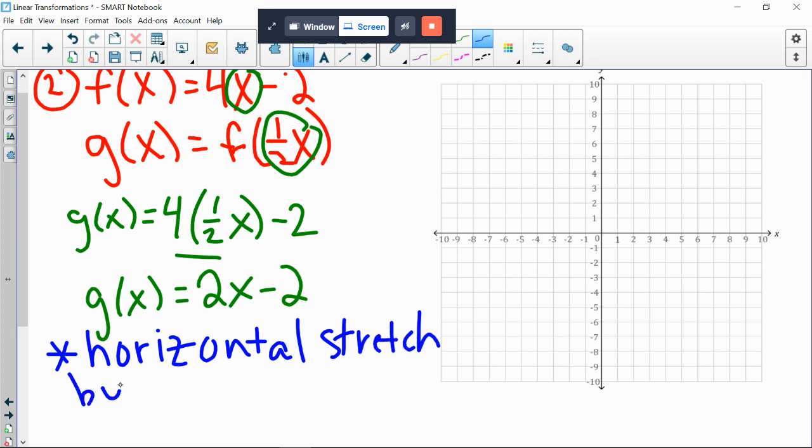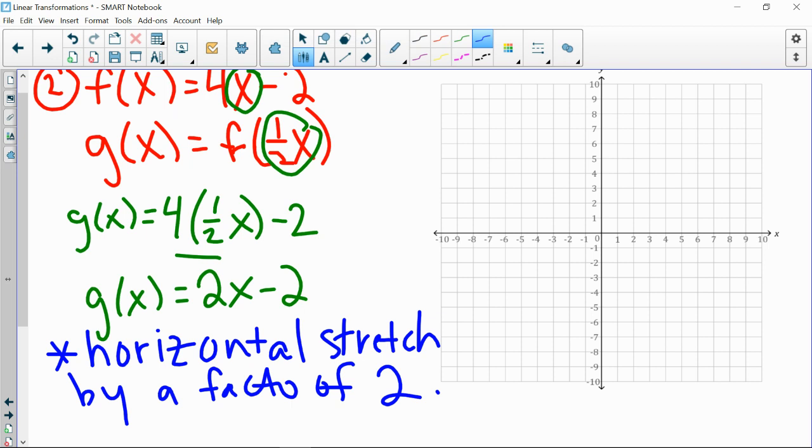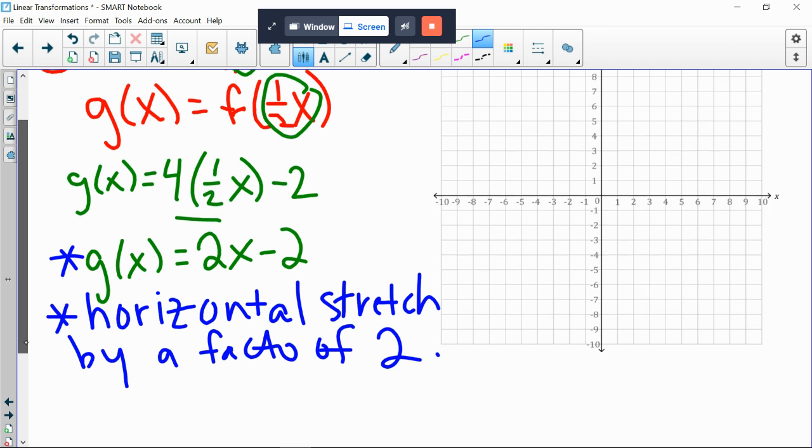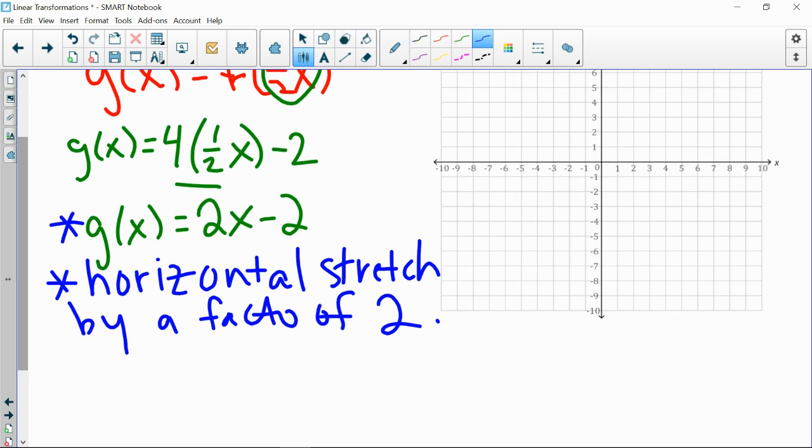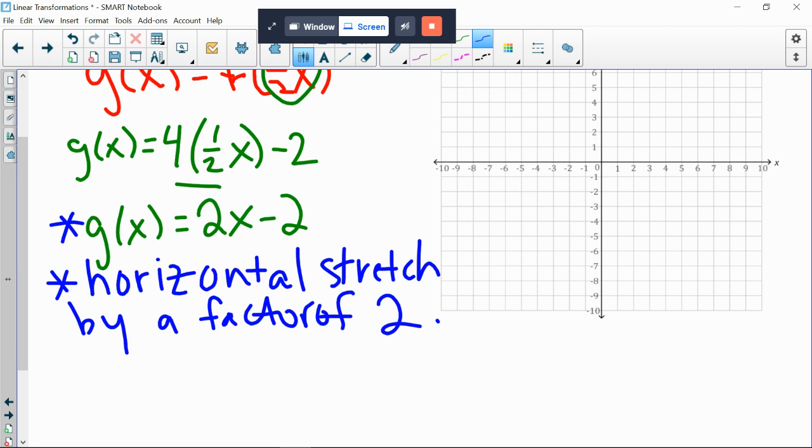Stretch by a factor of, and you take the reciprocal of 1/2, which would be 2. So here's the new equation, and then there's the description of the transformation. Horizontal stretch by a factor of 2.